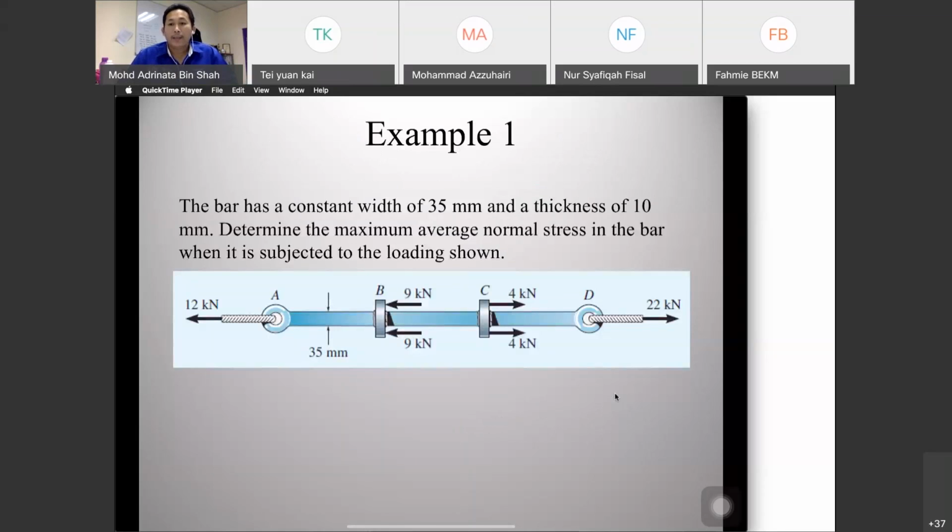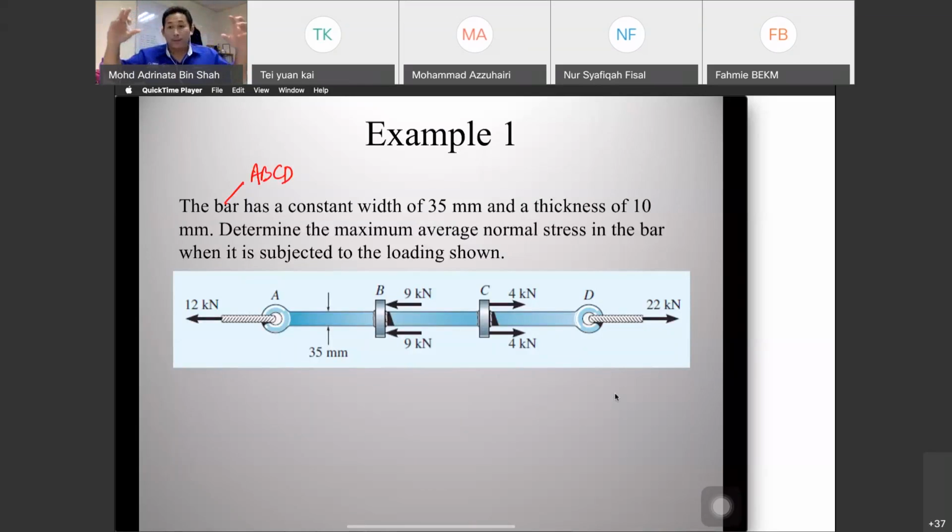Okay. Examples. Kita tengok examples number 1. The bar has a constant width of 35 mm and thickness of 10 mm. So ini constant width bar ni lah. Bar ni apa? Bar ABCD.